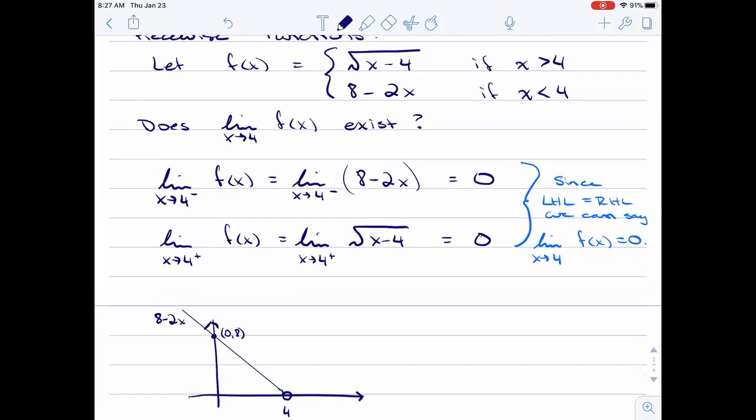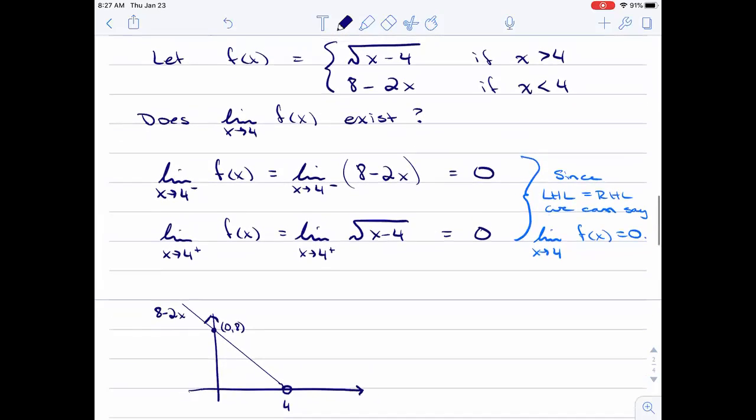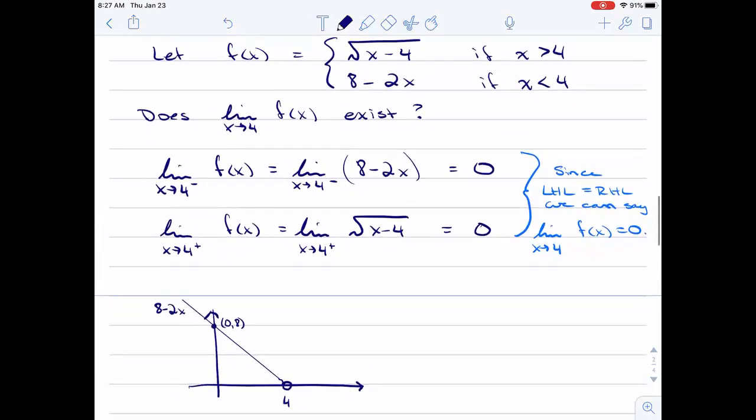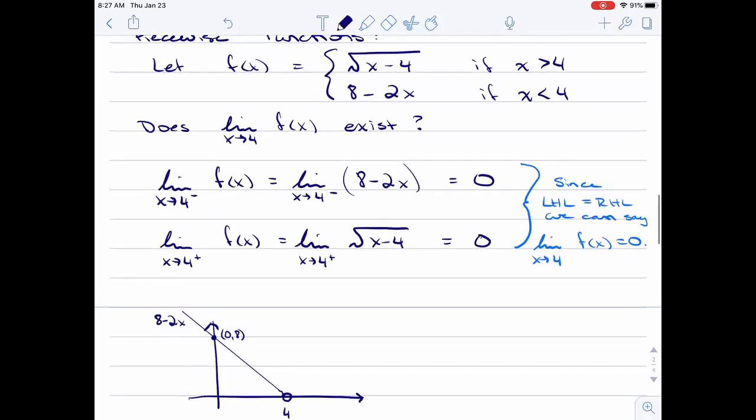Now it does help to know what the square root of x looks like, right? The graph, kind of this bow shape. And so if I've got x is greater than 4, what if I plug in x is 5? Then I get 1, because I get 5 minus 4, the square root of 1 is 1.